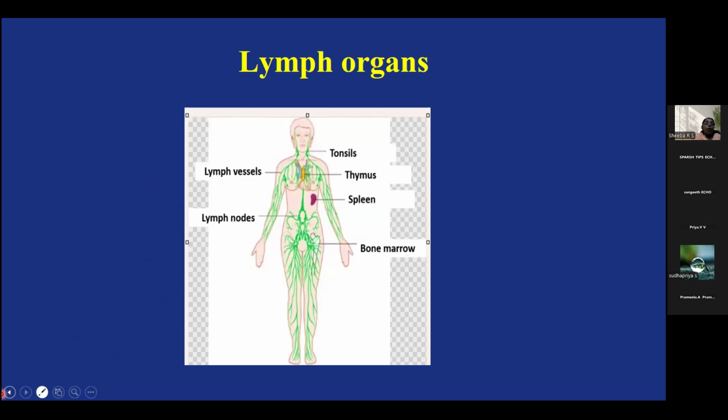Coming to the lymph organs: tonsils, lymph vessels, thymus, spleen, lymph nodes, bone marrow. These all help to protect against infections, and also help to build new lymphocytes in our body. So these are all the protective organs in our body.